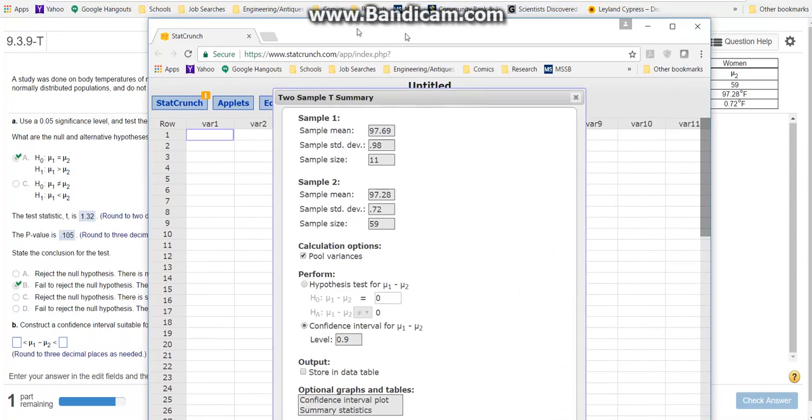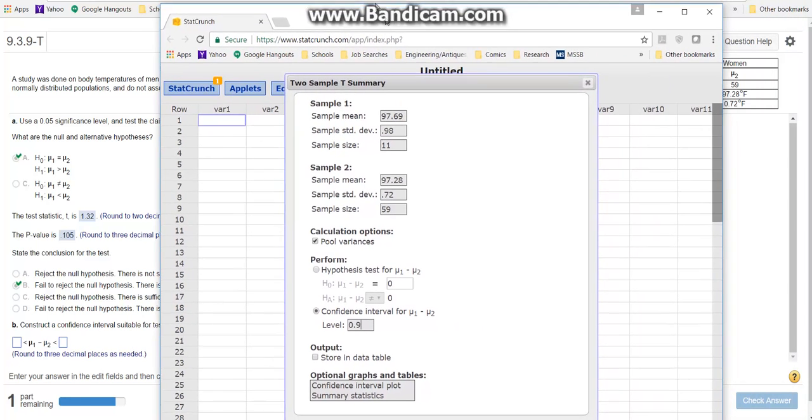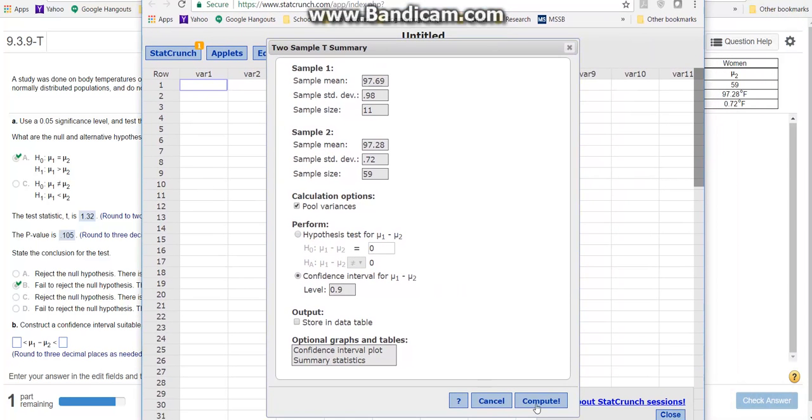And again, why do I have to do that? Because I want to find the equivalent confidence interval for the hypothesis test. Because the hypothesis test was a one-tailed test, and all confidence intervals are by definition two-tailed, I have to take alpha 0.05 per tail for a total of 0.1. 1 minus 0.1 is 0.9. That is the confidence. So we're ready to hit compute.